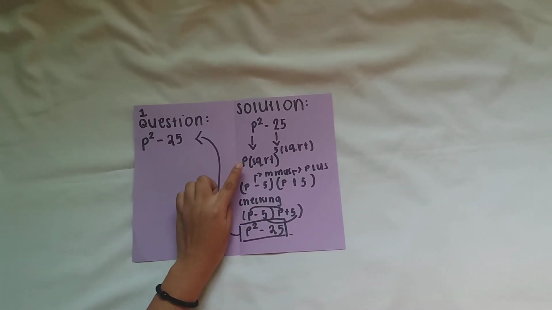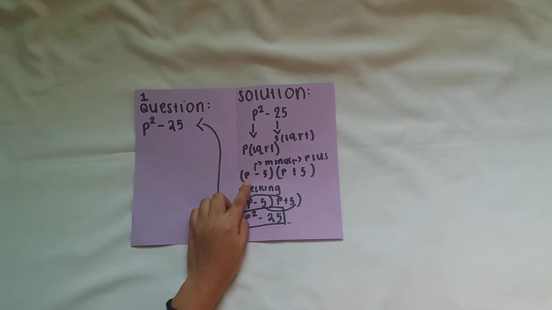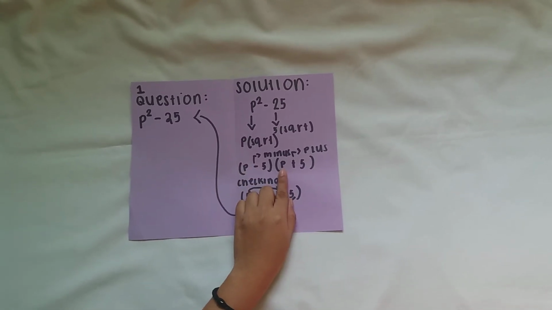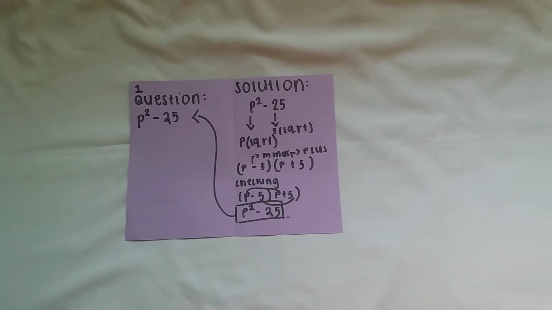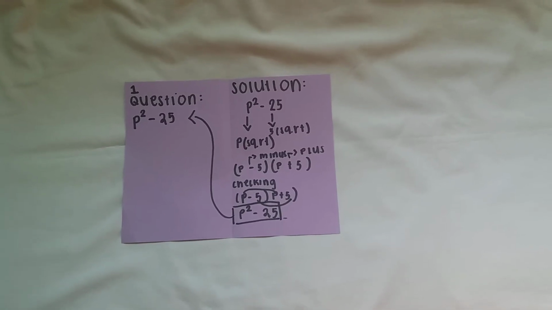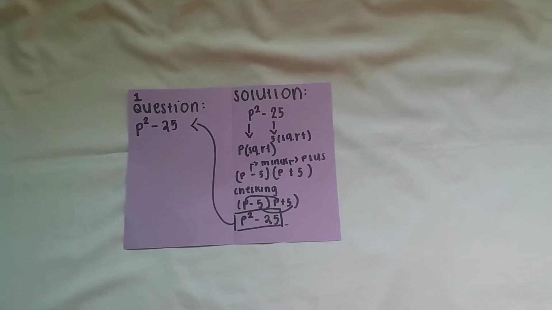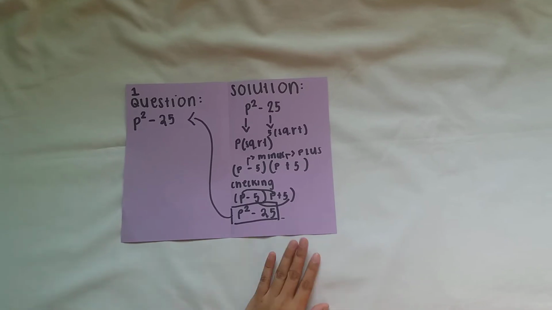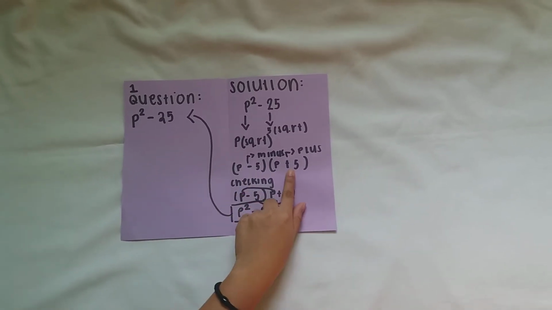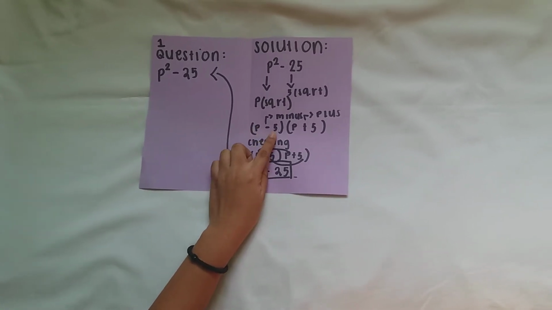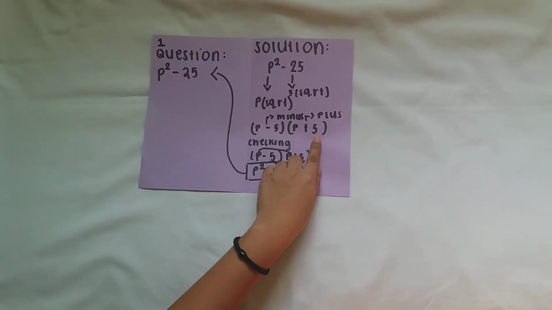So all you have to do is put p in the first and also in the second parenthesis, and then the minus sign. Always remember that in the two parentheses, it should always have a minus and a plus. So p minus 5 and p plus 5.